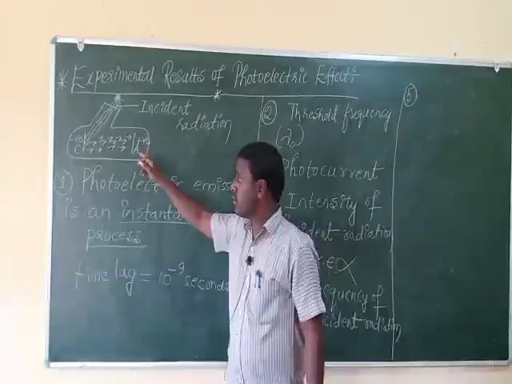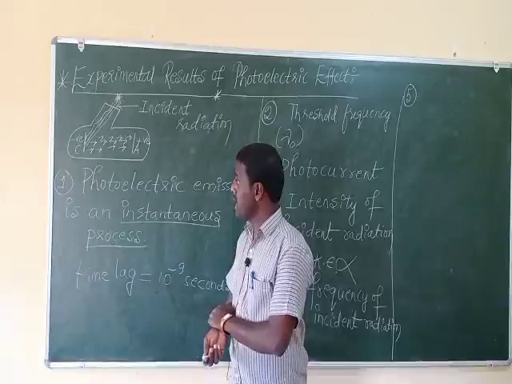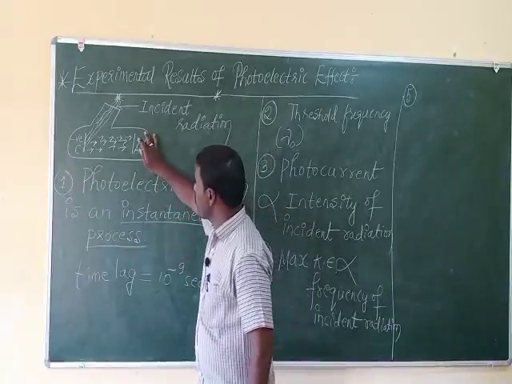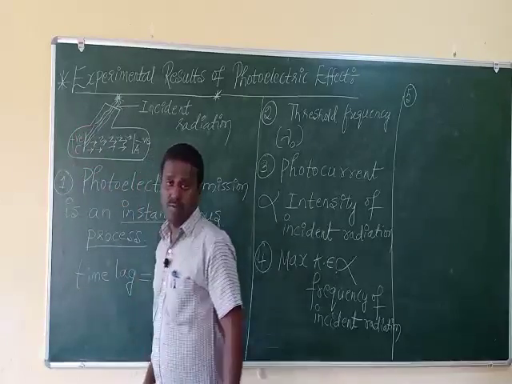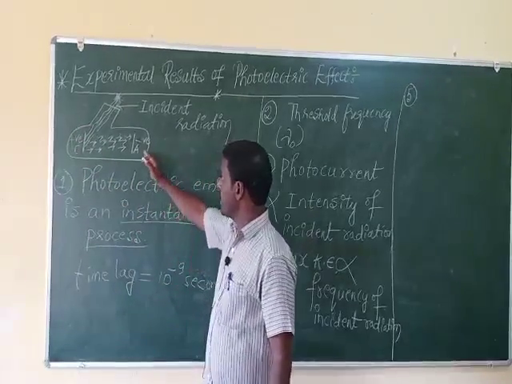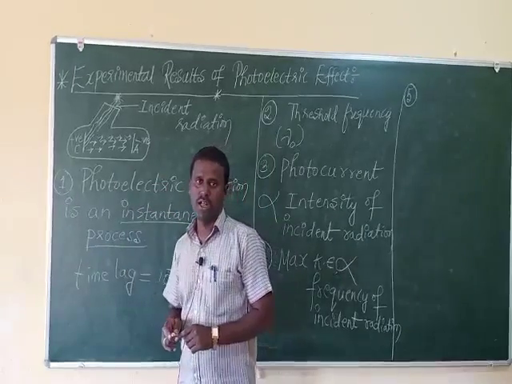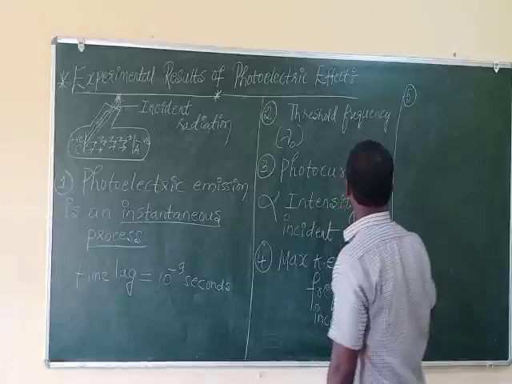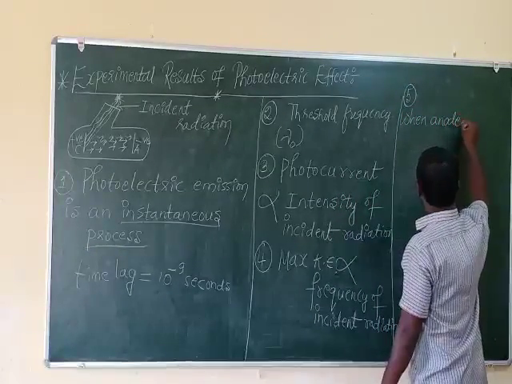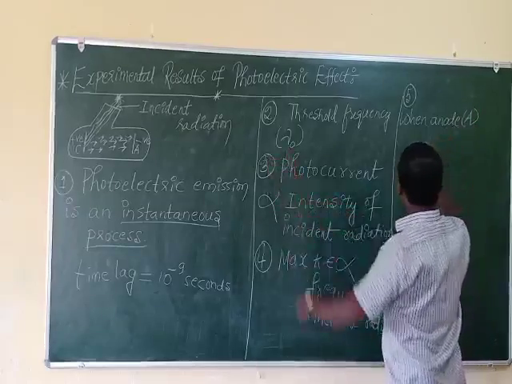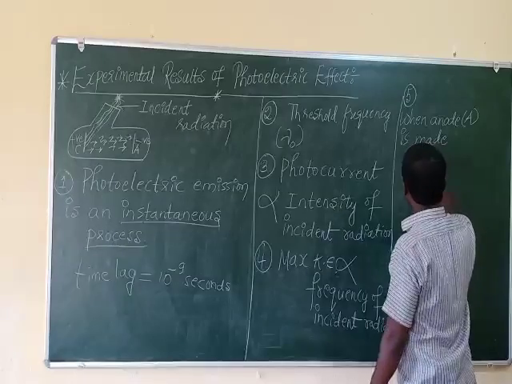When the plate A is made to have negative potential, if the potential of plate A and plate C are reversed, if initially plate A is having positive potential and plate C is having negative potential. When anode is made negative, anode A means collector plate, so what happens?